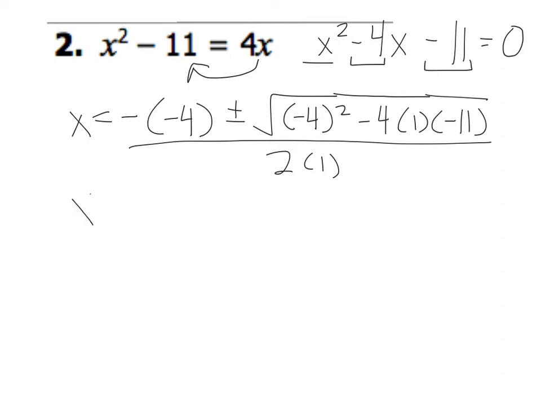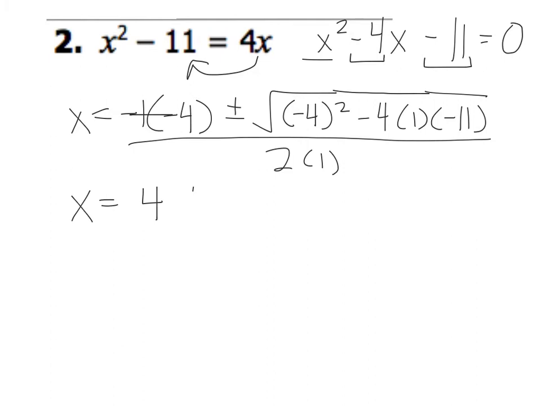Next step. So double negative here with my 4, so 4 plus or minus the square root of 16 plus 44, that's going to give me the square root of 60, all over 2. Break this up into 2 different problems.